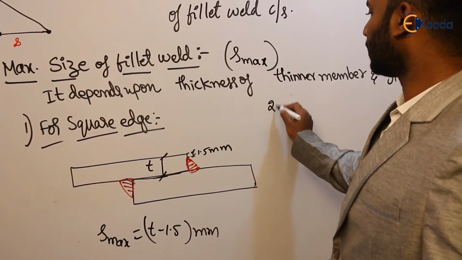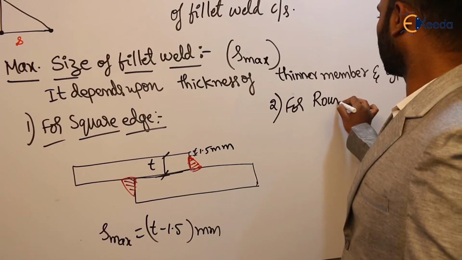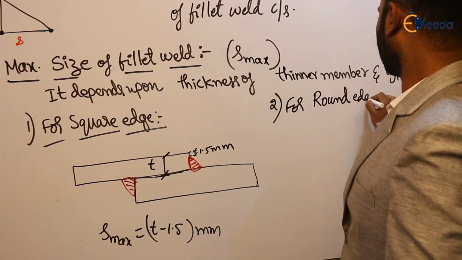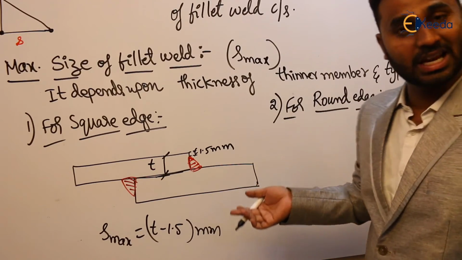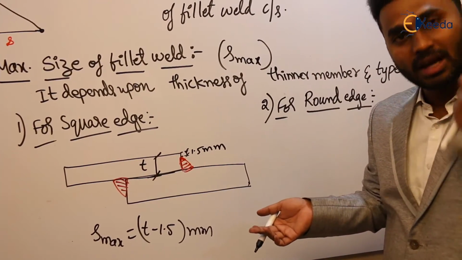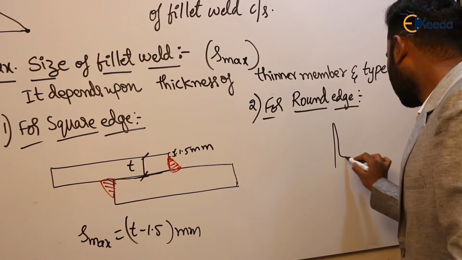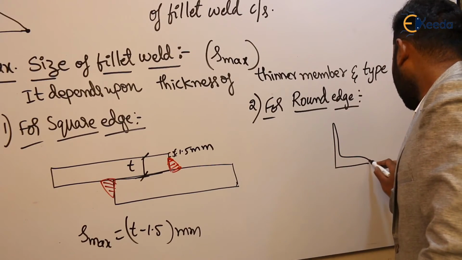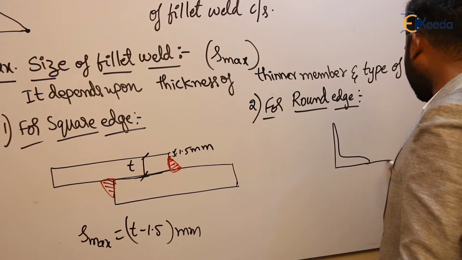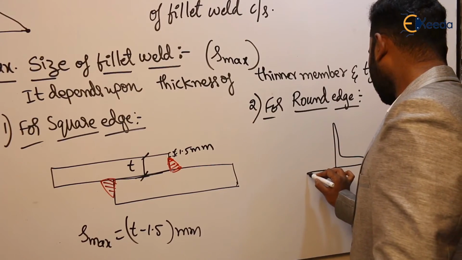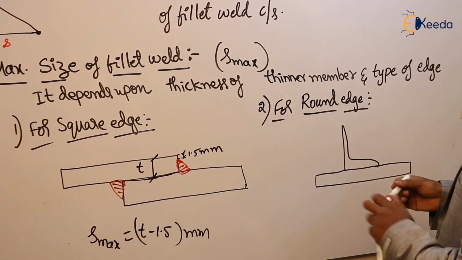Next, second, for round edge. Usually for rolled steel sections we have the round edge, like I section, angle, channel. All will have a round edge. For example, take an angle here. Now this angle is connected to a plate or any other member by using a fillet weld.